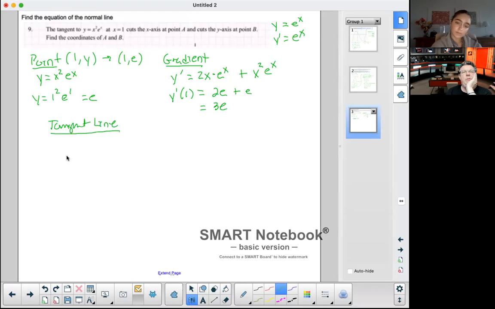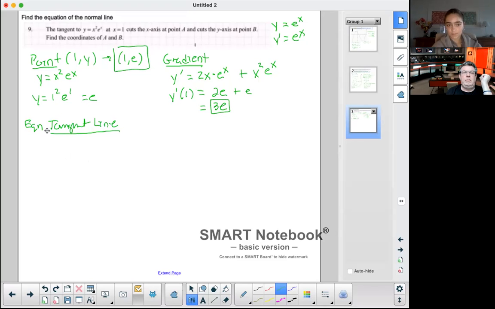So the equation of the tangent line would be what? We have our point and we have our slope. So e equals 3e plus b. Well, we're writing the equation of the tangent line.